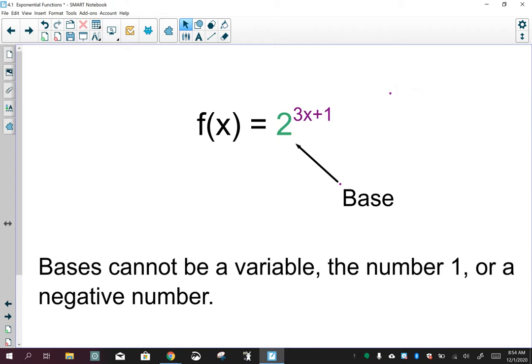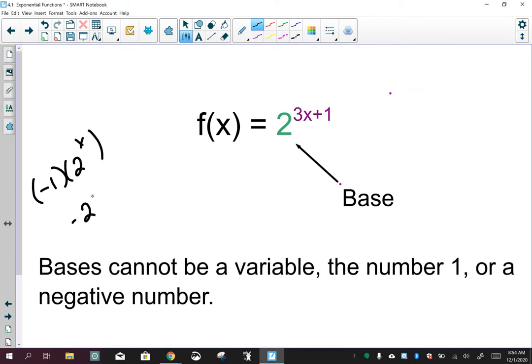Now, what's going to happen later on is you might see a negative in front of it. So what you're actually doing is you're saying negative 1 times 2 to the 3x plus 1 power. Okay, so just because there's a negative sitting here, that's just saying that you have something that's going to look along the lines of this, instead of it just being written as this, because this x is only going to that base of 2.